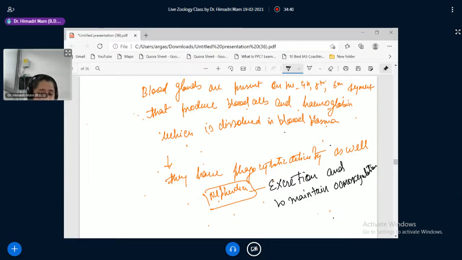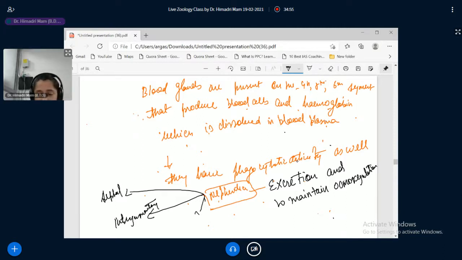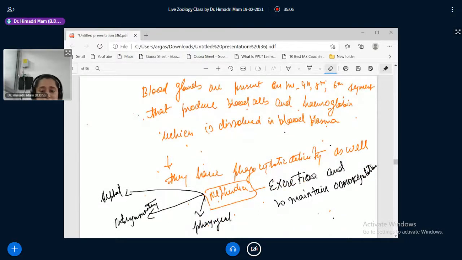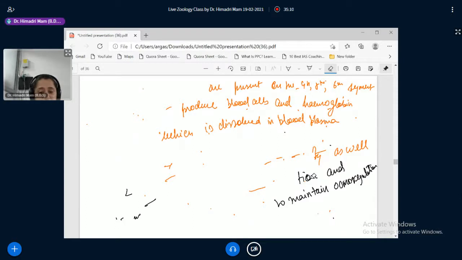Right? Now this nephridia is divided into septal, as I said before, integumentary, and pharyngeal. All clear? Okay. Now they have the closed circulatory system. They have the lateral hearts for the circulation.